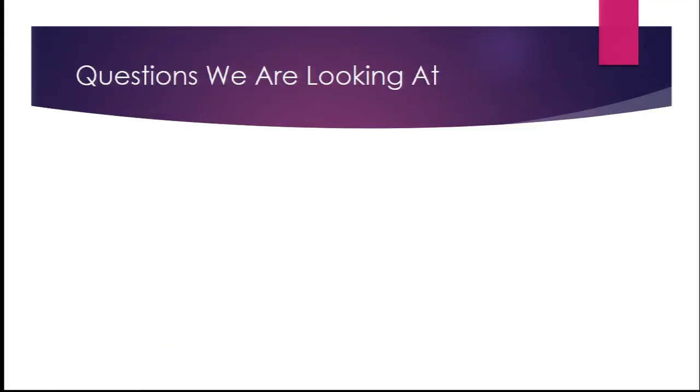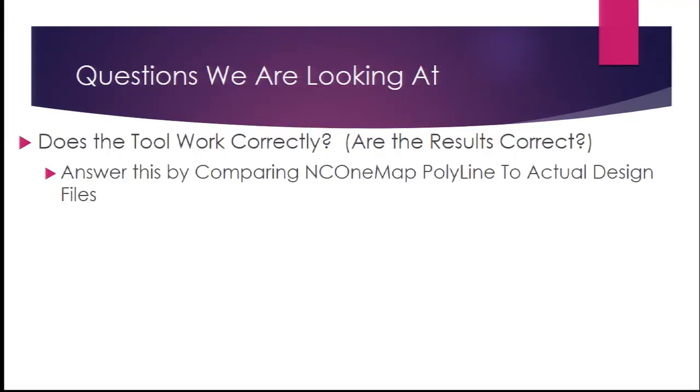So this presentation is going to be looking at a few questions. First of all, is my code working right? Does the tool give right answers? And the way that we're going to look at this is we're going to compare a polyline from NC1 Map of a road in North Carolina with a MicroStation DGN file that NCDOT Roadway Design Unit used to design the road.